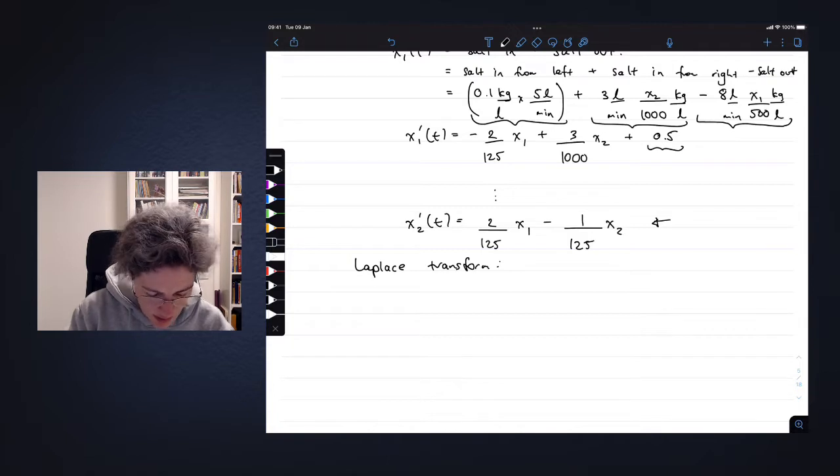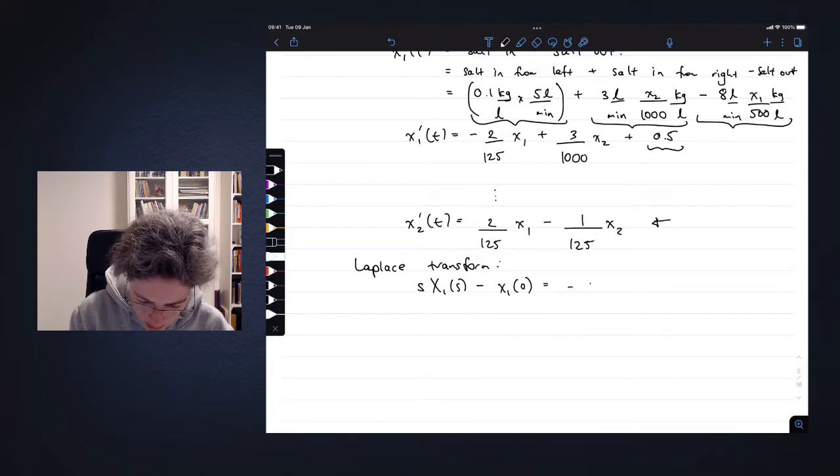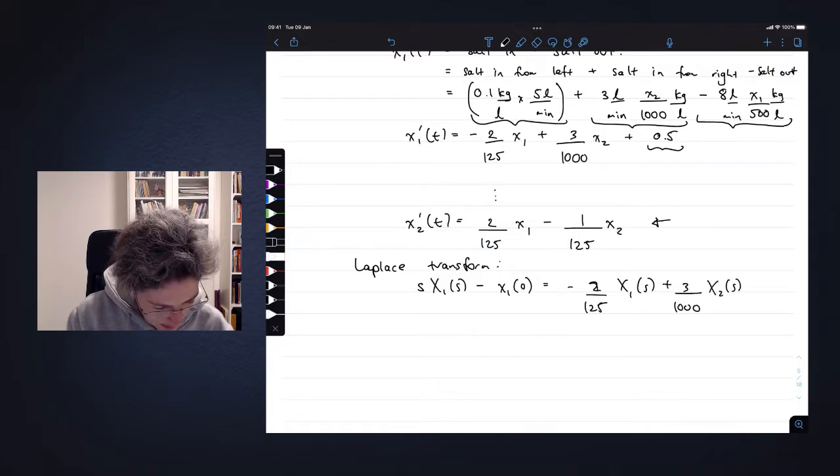Well, for the first differential equation, we have s x1 of s, and then we need our minus x1 of 0, is equal to minus 2 over 125 x1 of s plus 3 over 1000 x2 of s plus 1 over 2s.